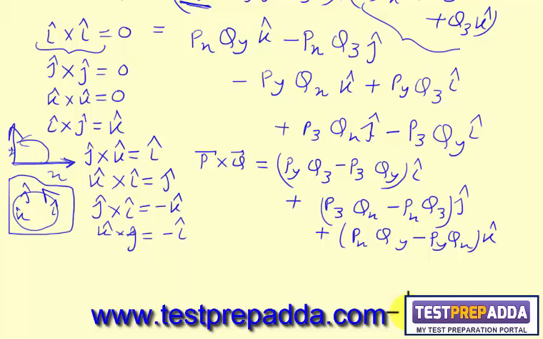Now it is difficult to remember this result. It is difficult, but I will tell you a mathematical way to remember this. Instead of memorizing this, we can use determinants.